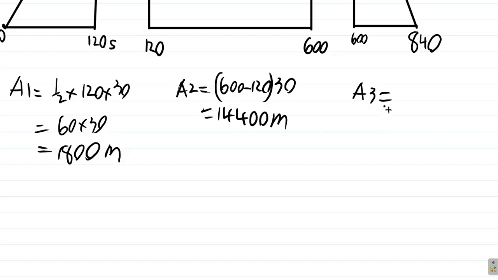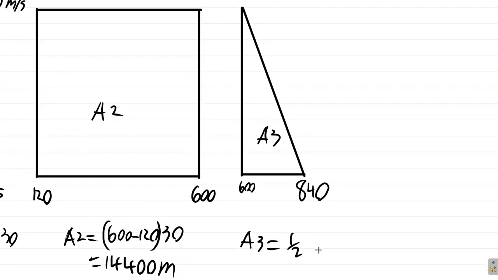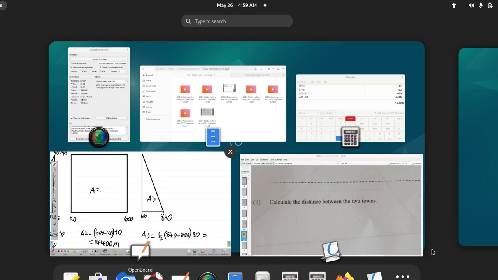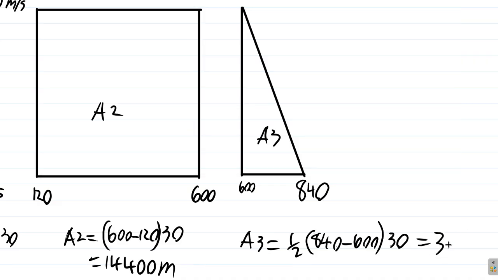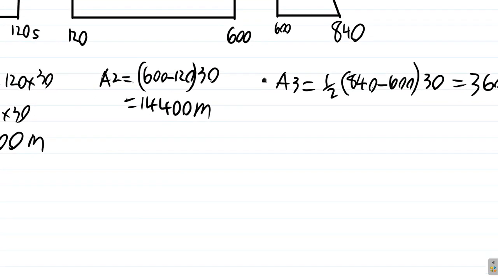So A3 would be half the base, half of 840 minus 600, times the height of 30. 840 minus 600 is 240, times 0.5, which is 120, times 30 equals 3,600.